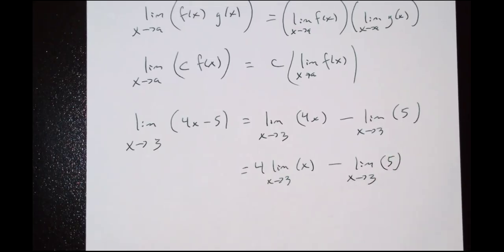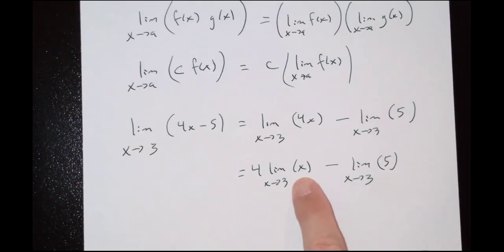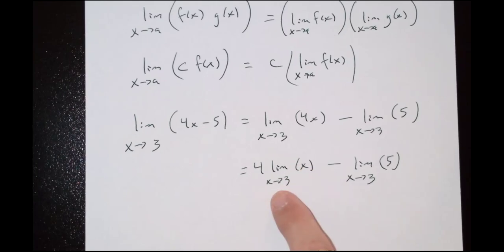And now I go back to those first two rules. This is a constant. The limit of a constant is the constant itself. This is the limit of x. Here, the limit of x is whatever I have down here. As x gets closer and closer to 3, x is going to give me a 3.